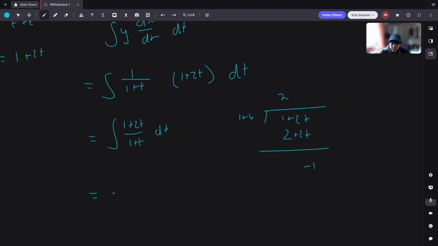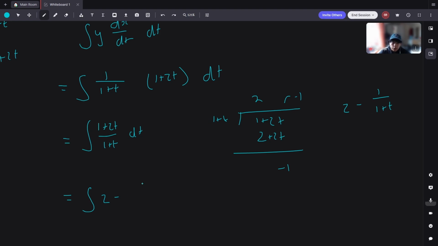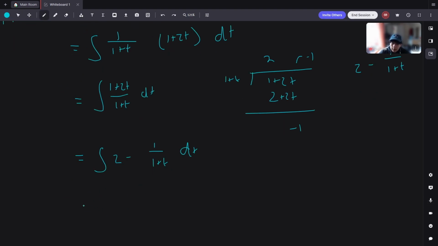So this is the same as saying 2 minus 1 over 1 plus t. So this equals the integral of 2 minus 1 over 1 plus t, dt, which equals 2t minus ln of 1 plus t, plus c.